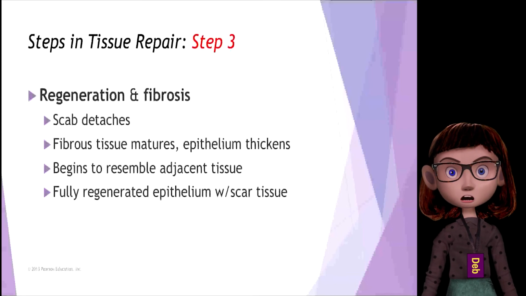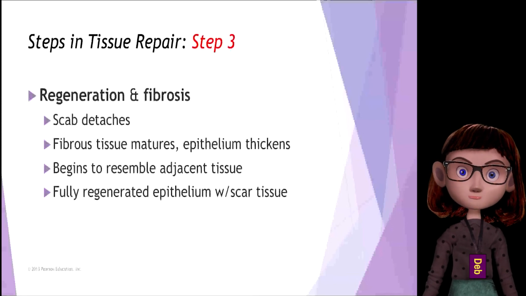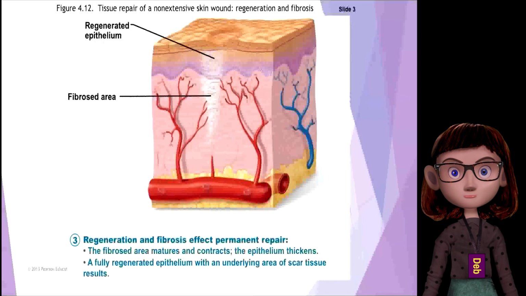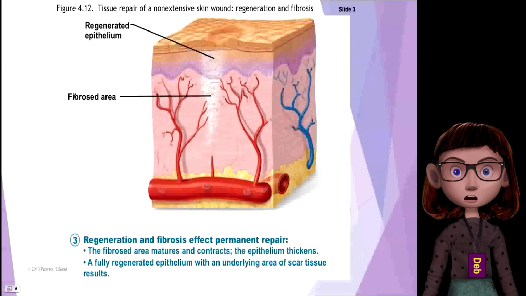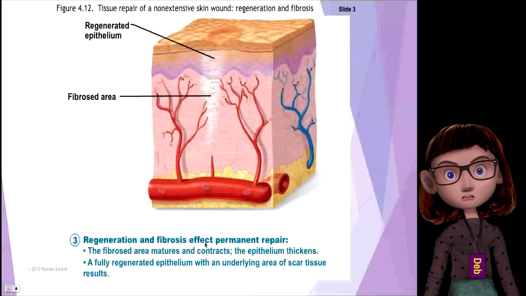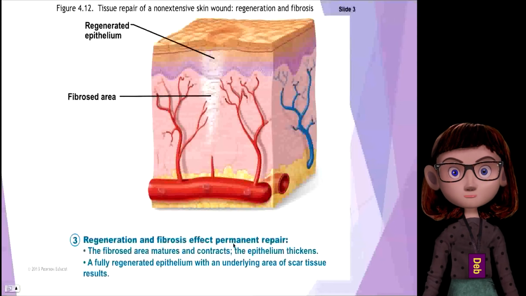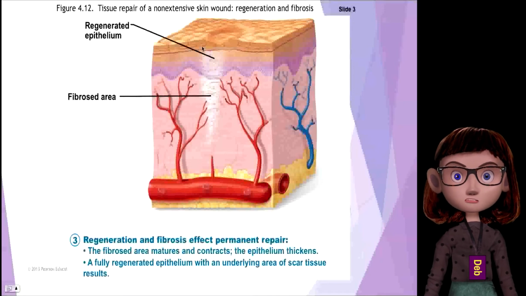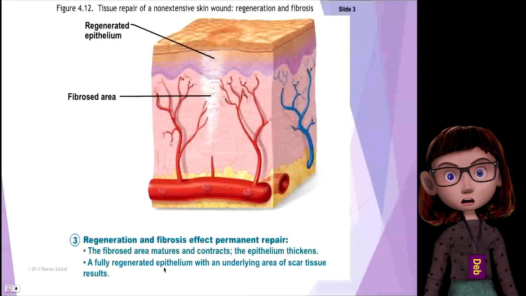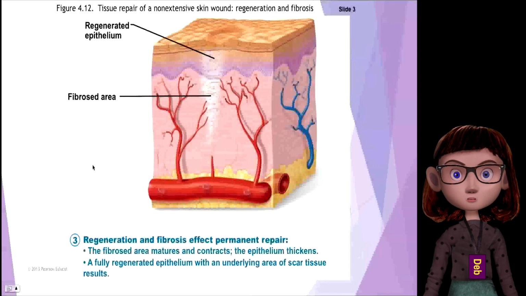In other words, it didn't come all the way together properly. Tissue repair, regeneration, and fibrosis here effect, that means they cause the permanent repair. The fibrosed area matures and contracts, epithelium thickens, and a fully regenerated epithelium with an underlying area of scar tissue here is the result.